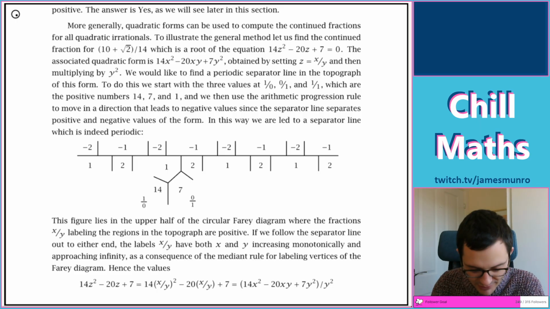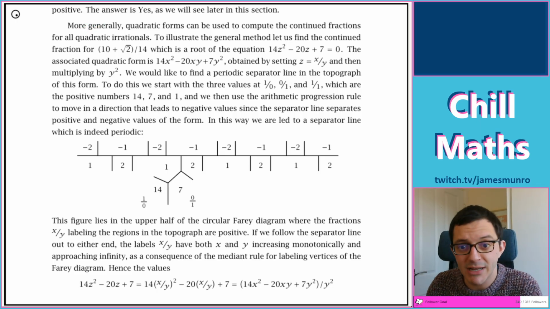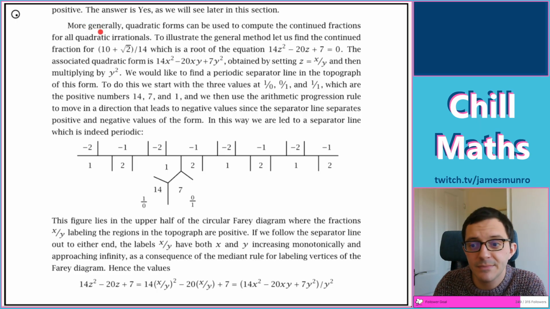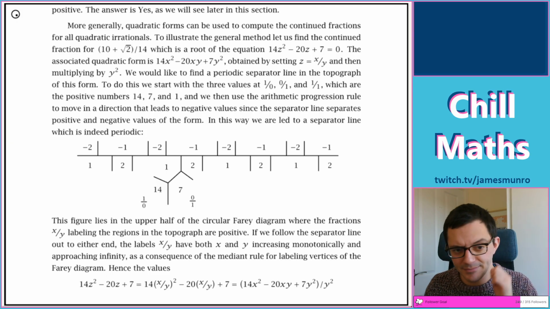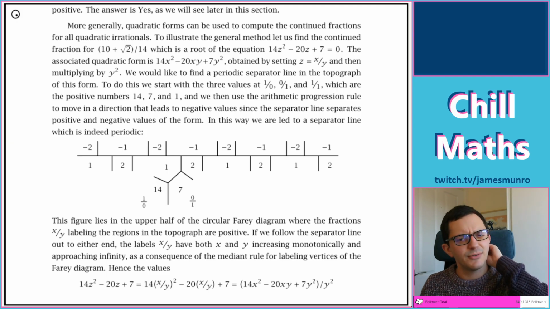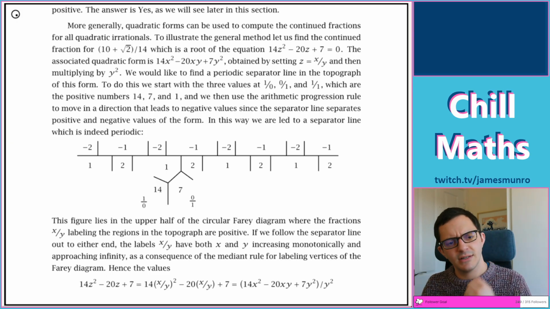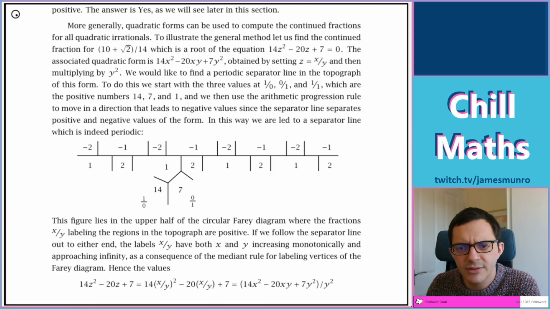Yes, right, so more generally, there's motivation perhaps for what we're going to do once we've got these numbers. All quadratic irrationals, you see, so this is going to be how we understand quadratic irrationals. I think that's algebraic numbers that have come from roots of polynomials of degree 2.